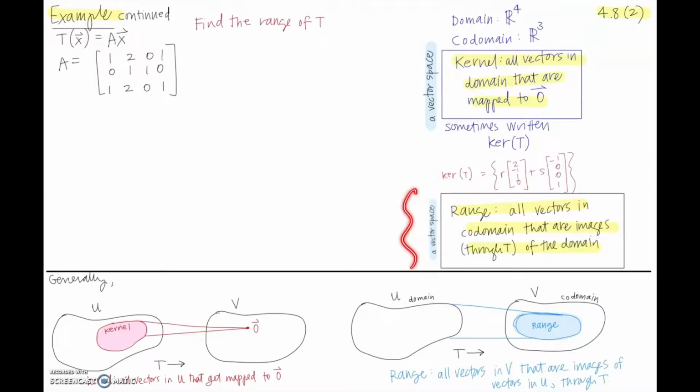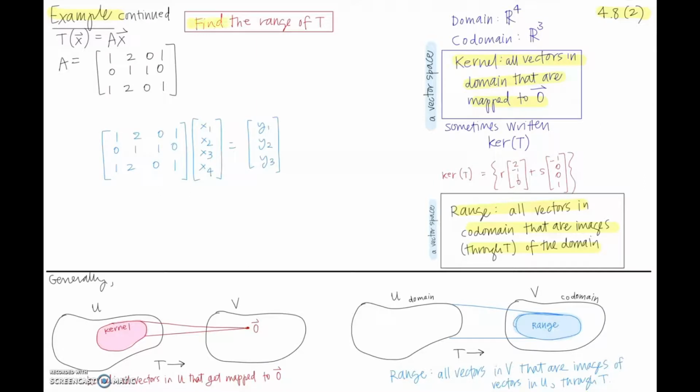So with all of this background information, our task now is to find the range of T, find that vector space. This is a very important job. When we say find the range of T, we're essentially asking: you take any vector in R4 and multiply it by this matrix A. What are all the possibilities for what you could get out of that multiplication?